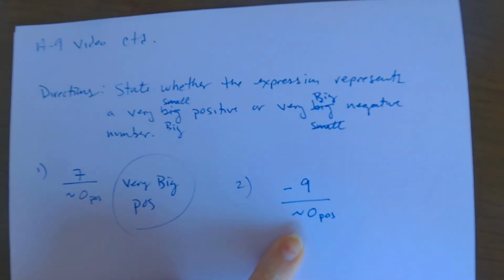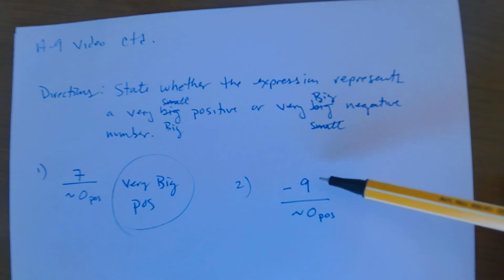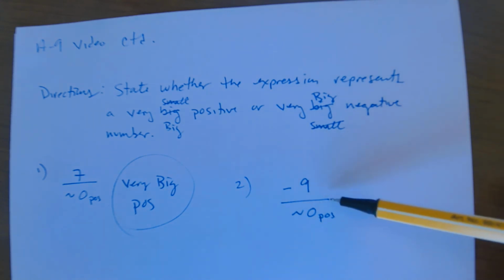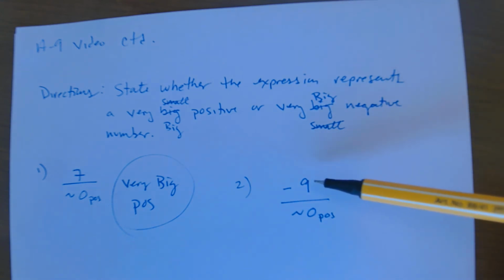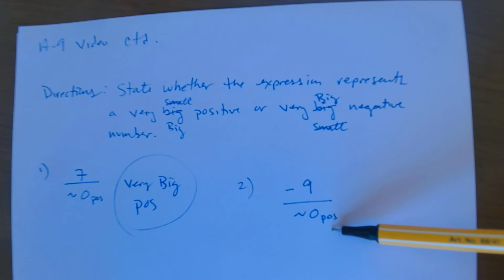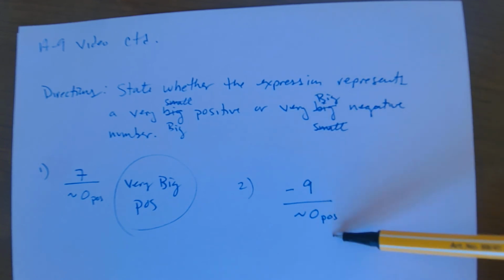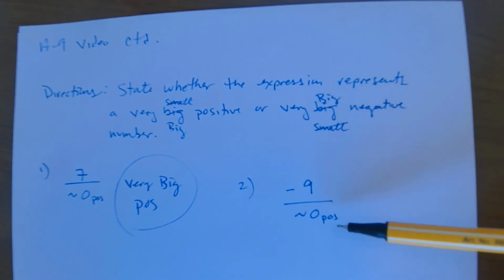So that's why we've got a very big positive. Now this one. This is -9 divided by about 0 positive, on the positive side. So this time we've got a negative divided by a positive, and we know that we're going to end up with a negative number.